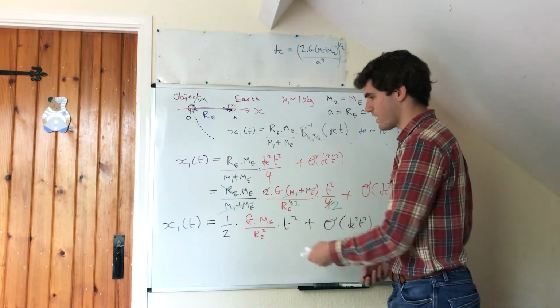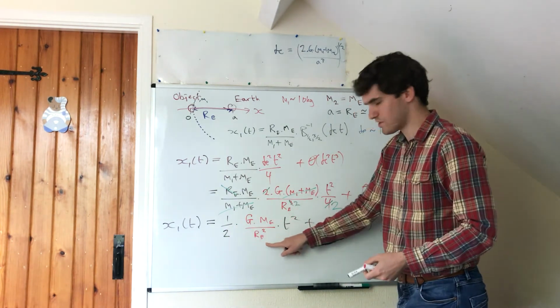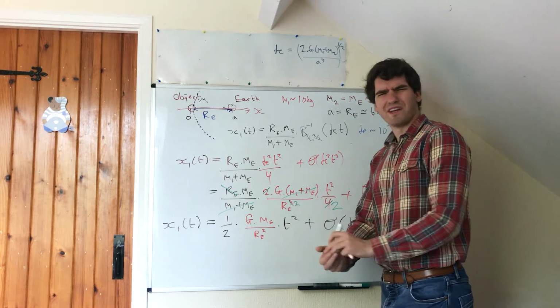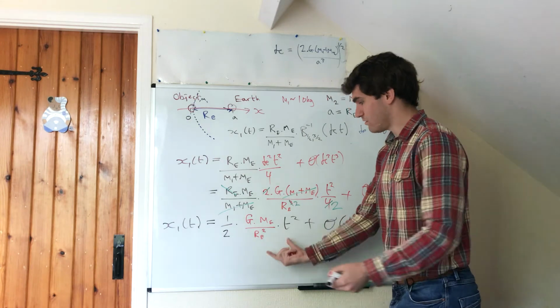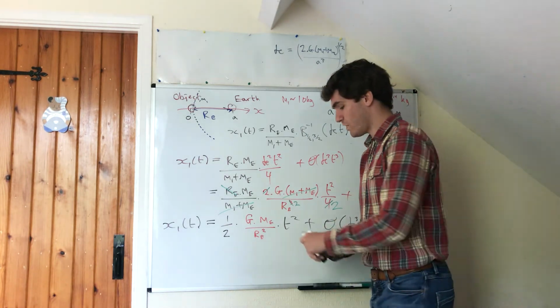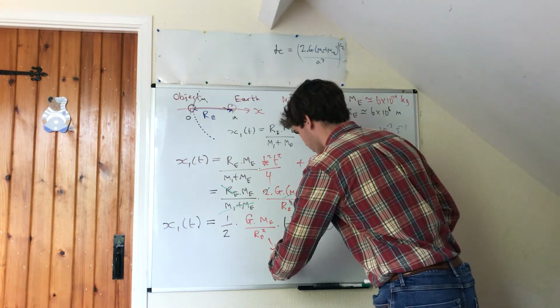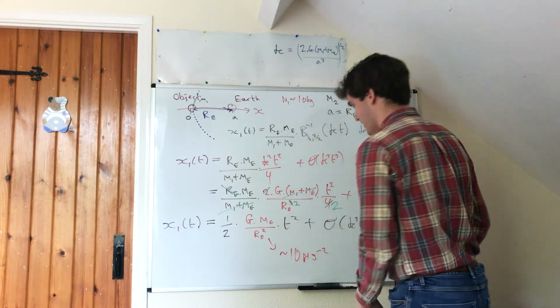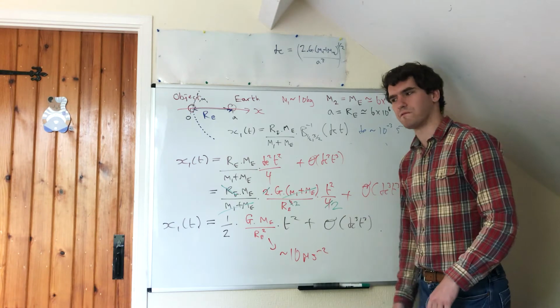Now, we've got x1 of t is equal to half times this thing times t squared. Smelling something here. If we numerically compute this, we get that this thing is roughly of order 10, and the units will be meters per second squared. What does that remind you of?